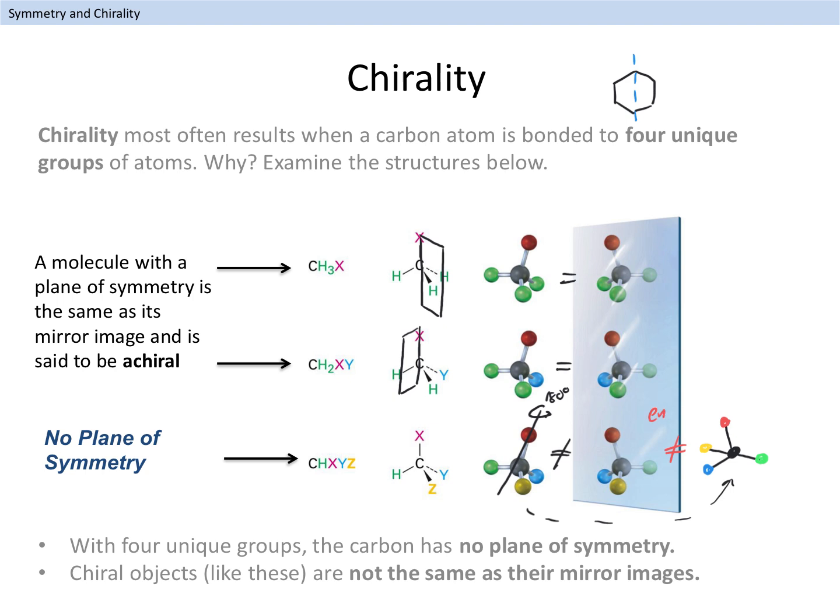Each enantiomer has unique spatial arrangements of its atoms, leading to different interactions with other chiral molecules. This difference is crucial in many biological processes and chemical reactions, where the 3D arrangement of atoms can influence the behavior and function of molecules. So, with 4 unique groups attached, the carbon has no plane of symmetry, and therefore exhibits chirality.